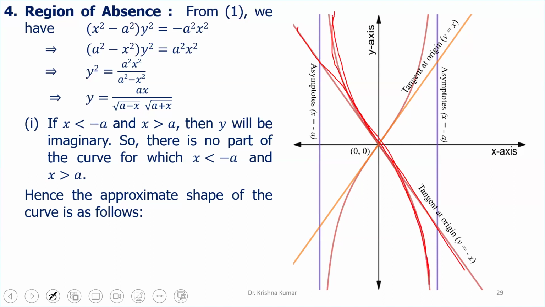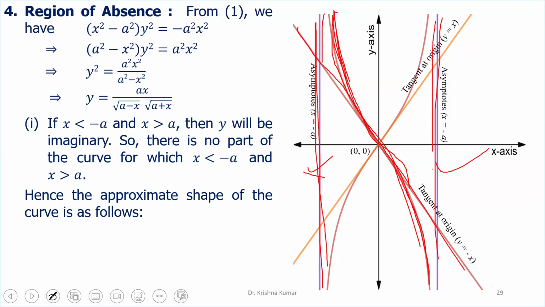And since the lines x equal to a and x equal to minus a are asymptotes, the curve will never intersect this straight line, this one and this one. So ultimately, the curve will only lie in between x equal to minus a and x equal to plus a. There is no other part of the curve.